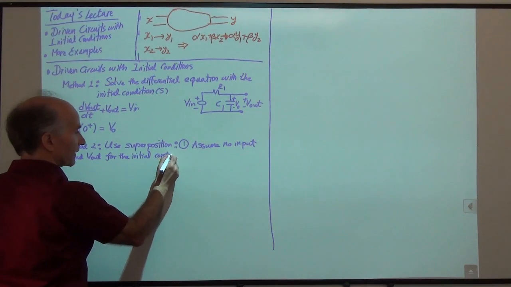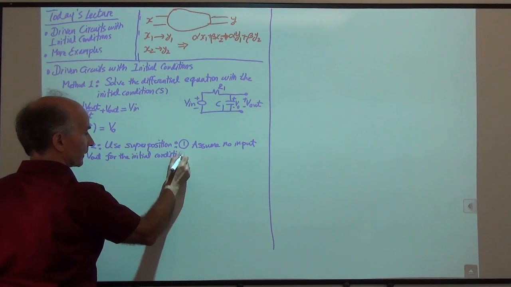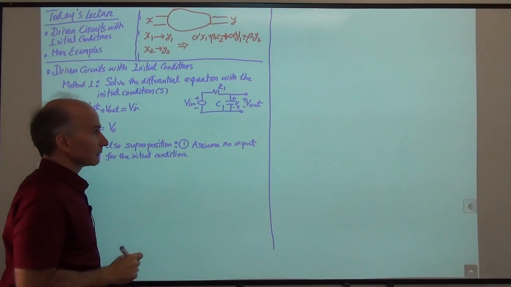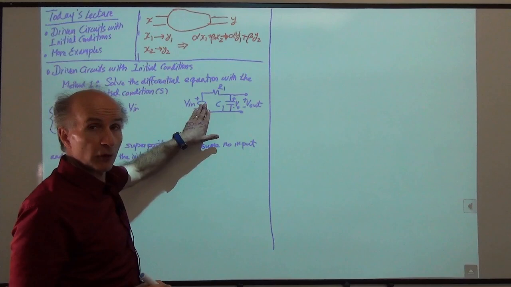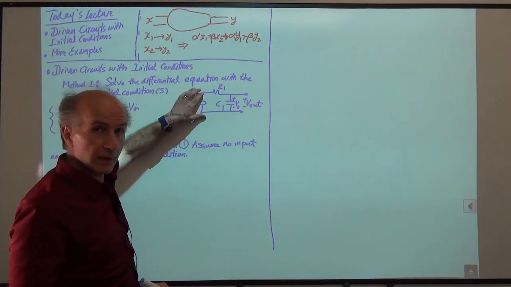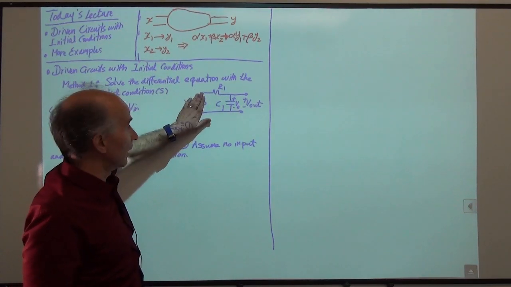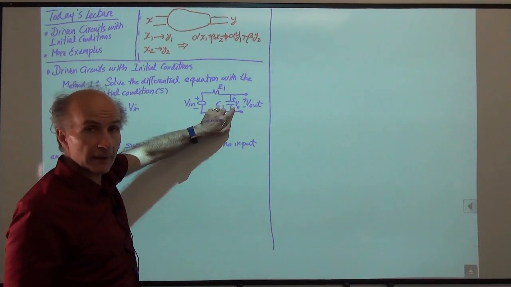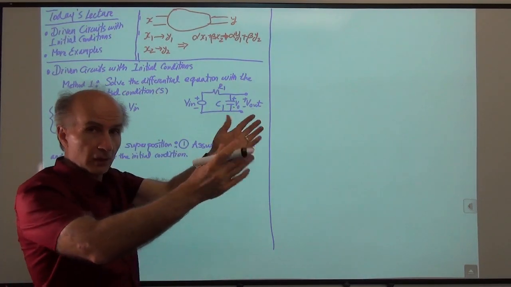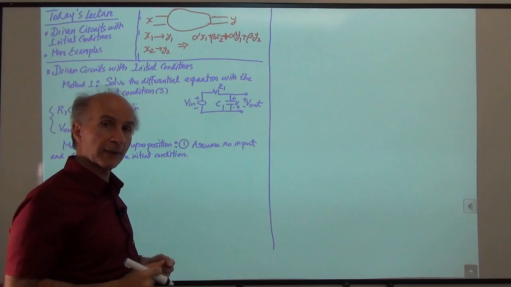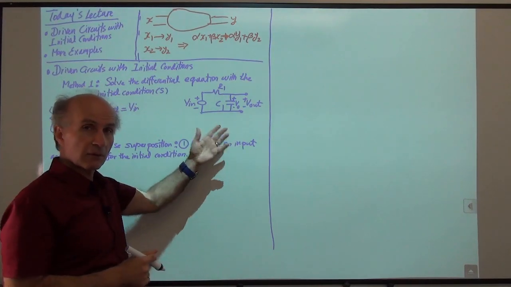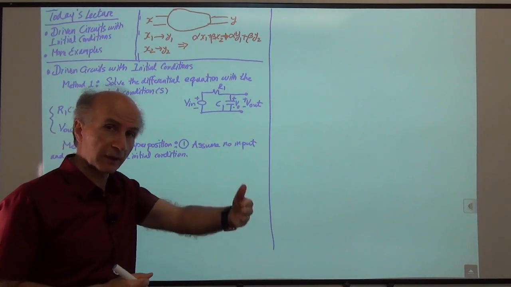If you remember, we called this the natural response of the circuit. So we have no input here. If it's the voltage source, it becomes a short circuit. That's gone. We have an initial condition of the capacitor. We'll let the capacitor discharge or charge or whatever and see what happens. So that response is the response to the initial condition.